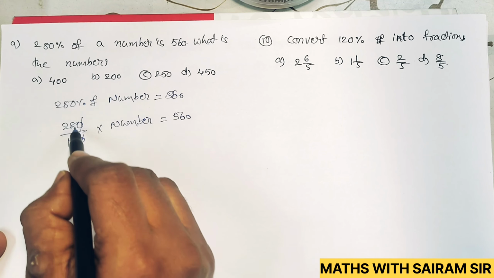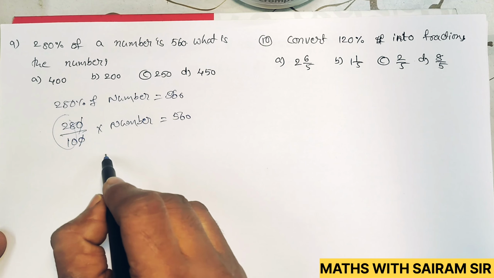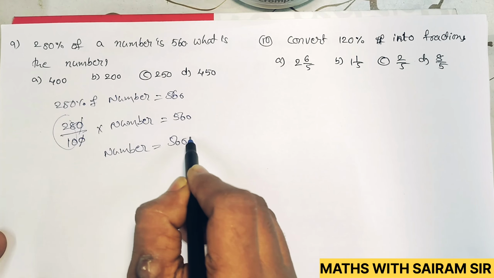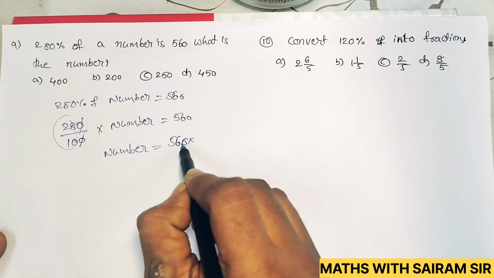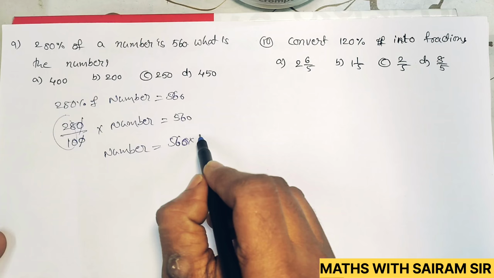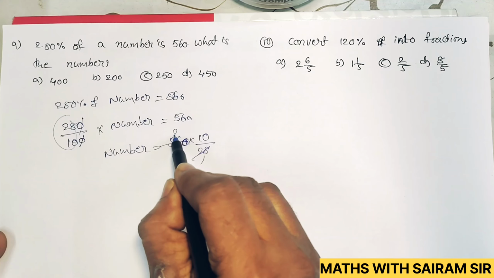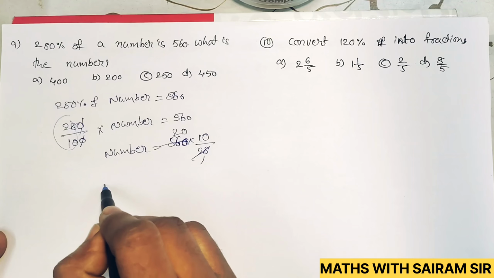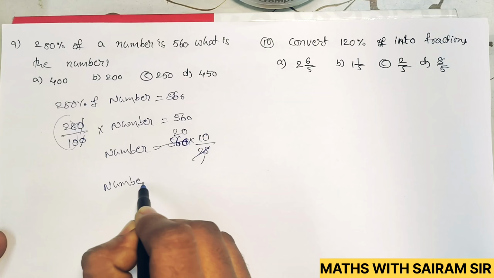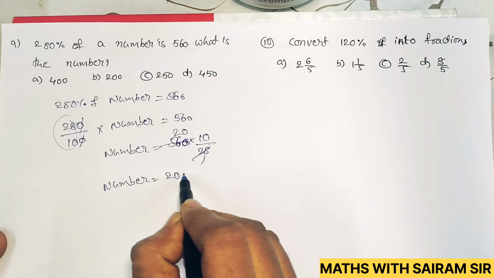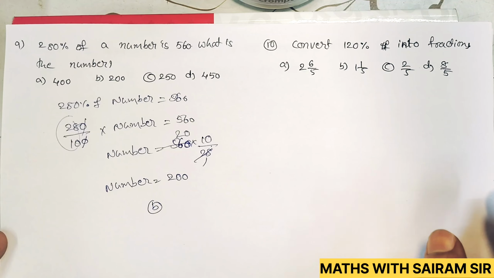Now 0 0 get cancelled, and transposing this to other hand, so that number is equal to 560 into reciprocal of 28 by 10, that is 10 by 28. 28 ones are 28, 28 twos are 56 and 0s. So what is our required number? Required number is 20 tens, that is 200. That is option B is the correct one.